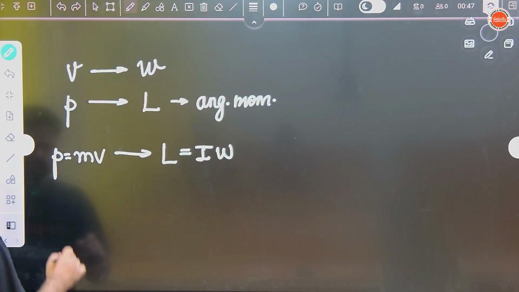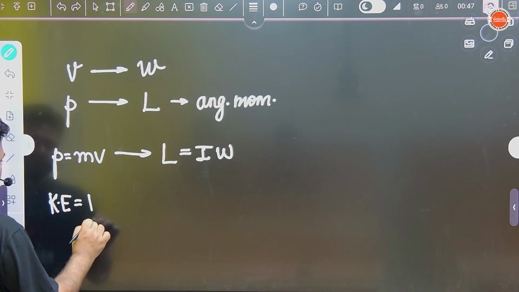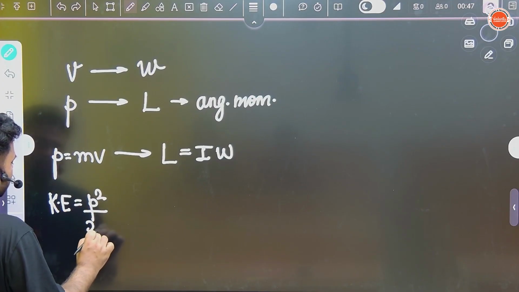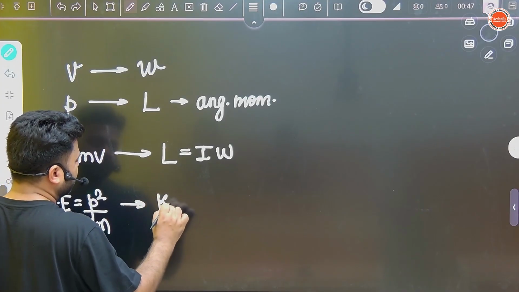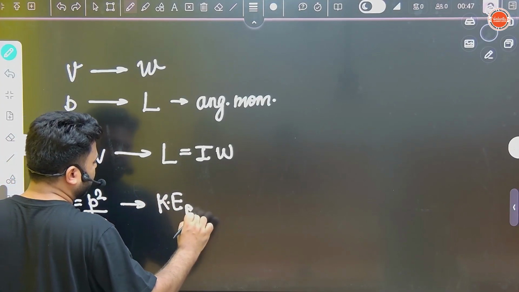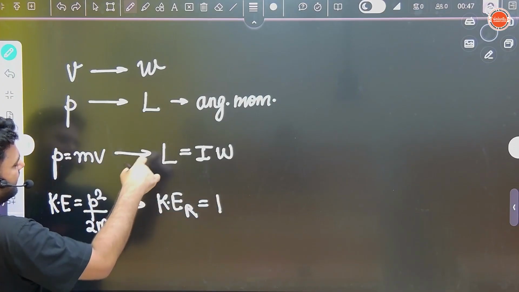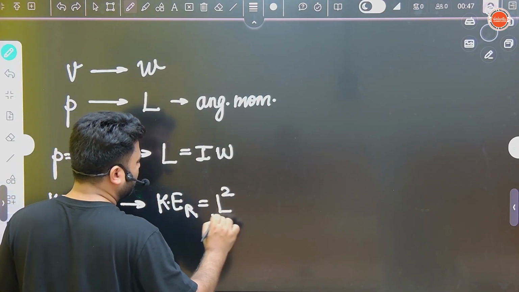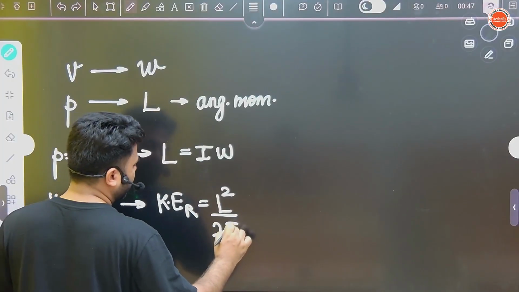Like kinetic energy. What we write? P square by 2m. We have now this formula. So here in rotation, if the object is rotating, what will be the kinetic energy? P is replaced by L. So L square by 2, mass is replaced by what? Moment of inertia, 2I.